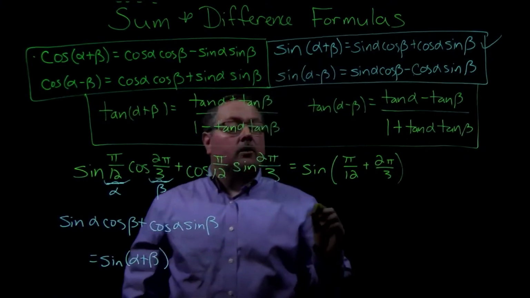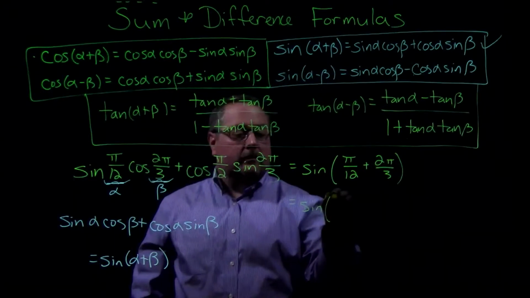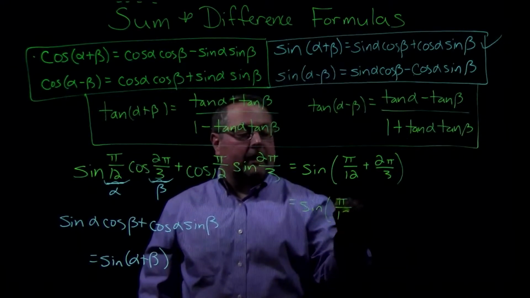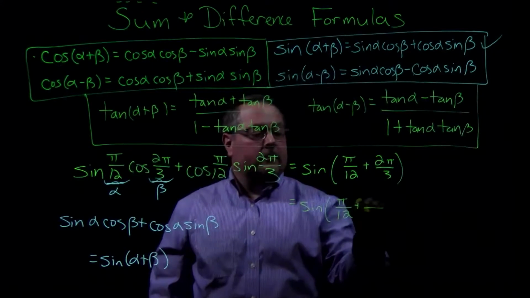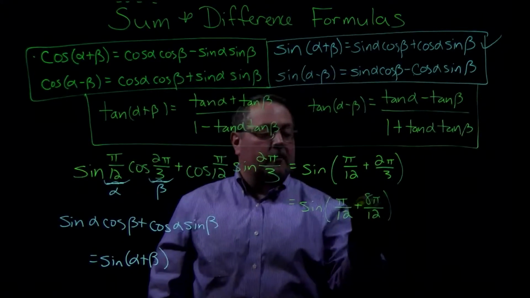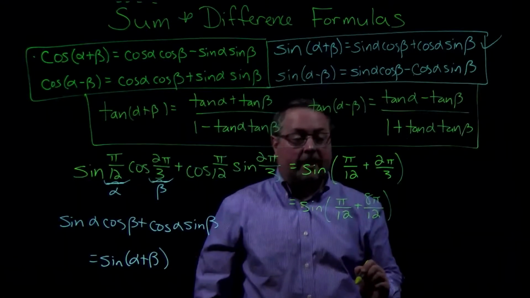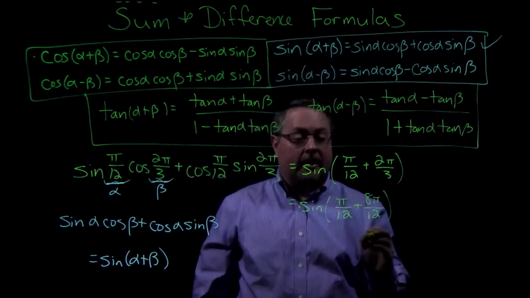Okay. So now let's simplify that. We need a common denominator. In this case, our common denominator will be 12, so we'll take 2 pi over 3, multiply the top and bottom by 4. That gives us 8 pi over 12.